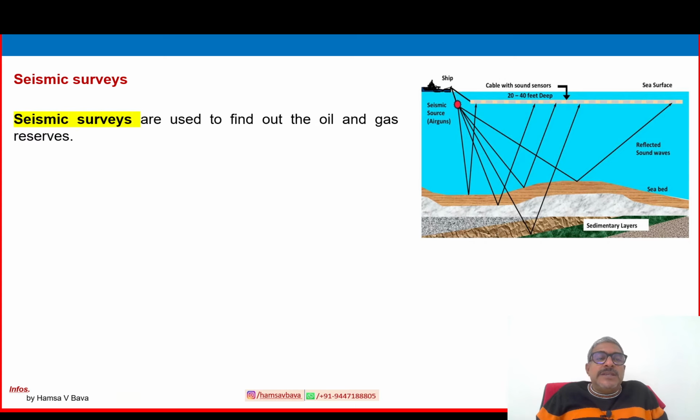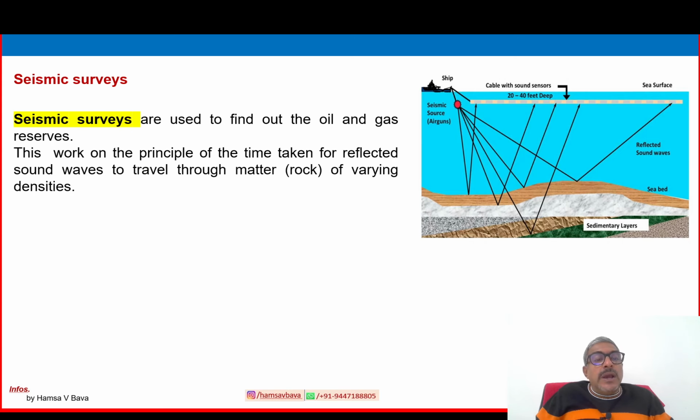Seismic survey. Seismic surveys are used to find out oil and gas reserves. This works on the principle of the time taken for reflected sound waves to travel through matter, rock, of varying densities.